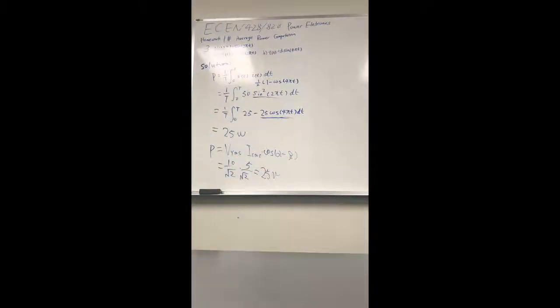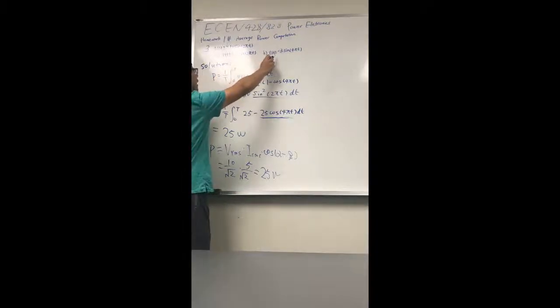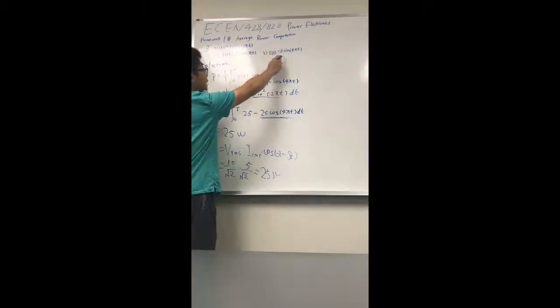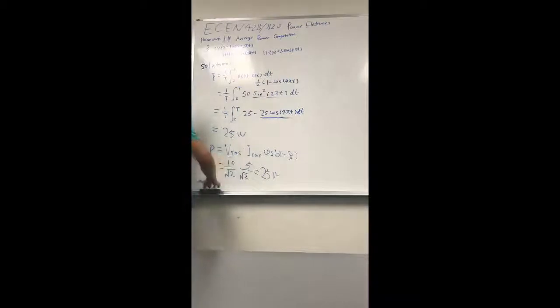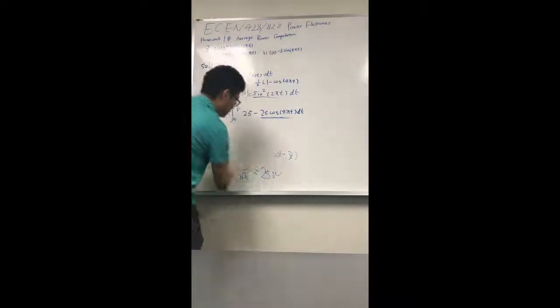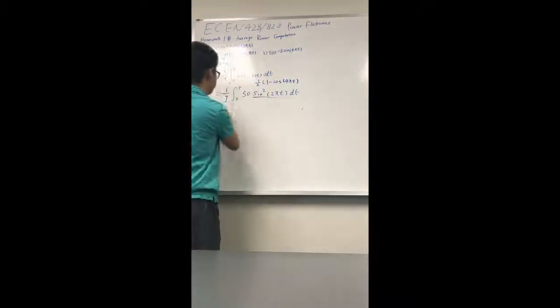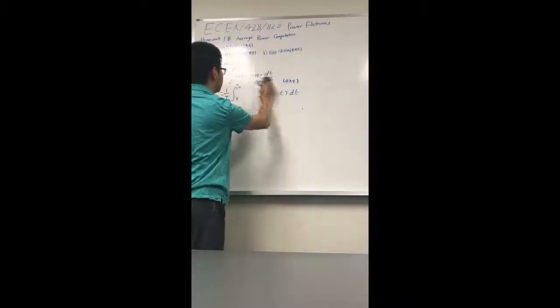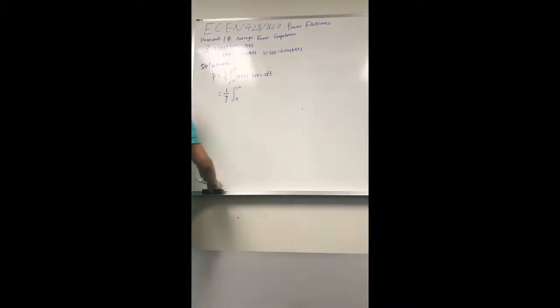That's the solution for the first question, when i equals 5 times sine 2 pi t. For the second question, i(t) equals 3 times sine 4 pi t. Many students didn't get the correct answer, because many students use this equation to calculate.